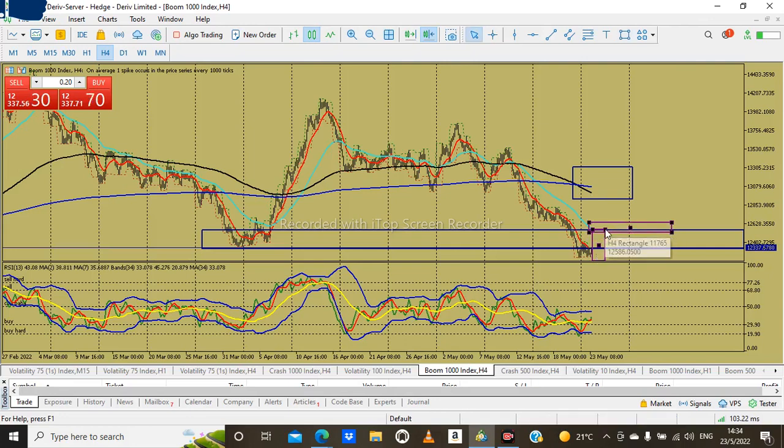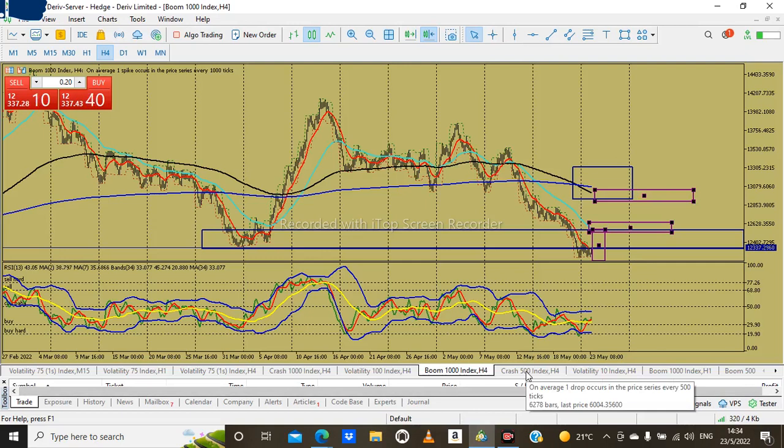So maybe a good buy up until this region, and we just keep monitoring. This could be TP1, and if the 800 extends, this could be TP2. Let's just see how price is going to react around that area.